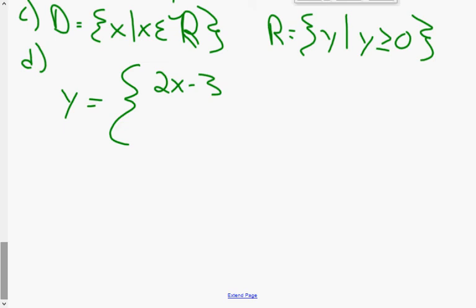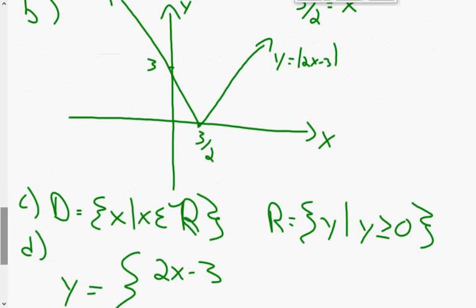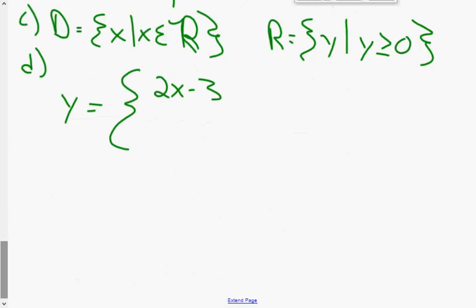At what value does everything either become 0 or positive? Where does that happen? Right here, right? After 3/2, everything is positive. So we would use this guy when x is greater than or equal to 3/2.